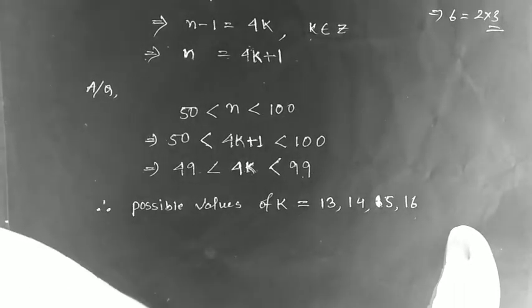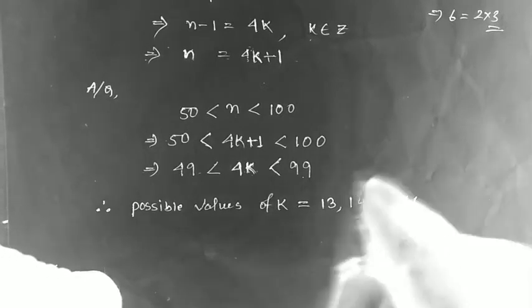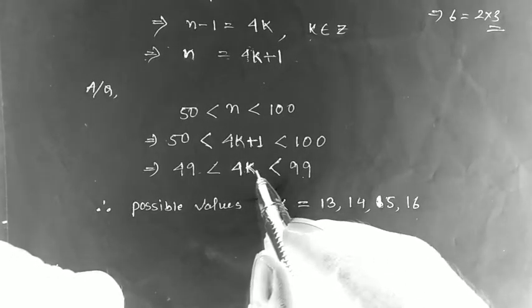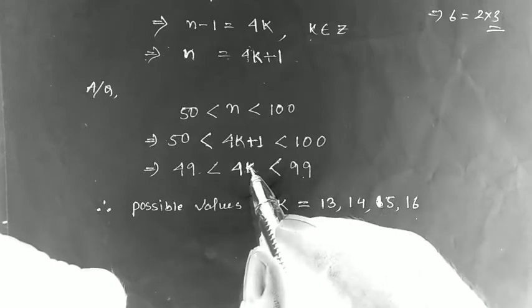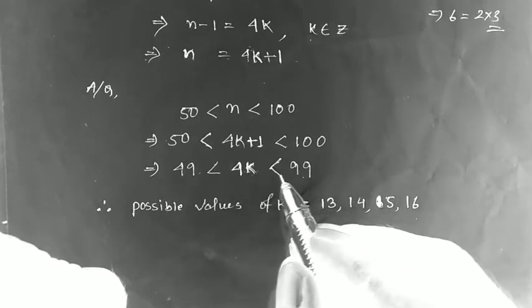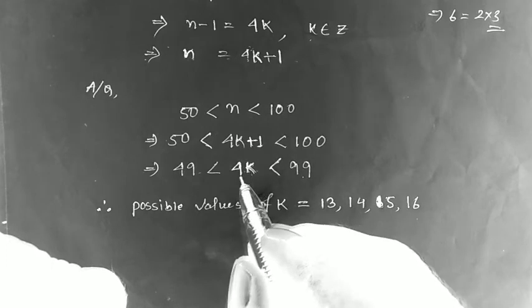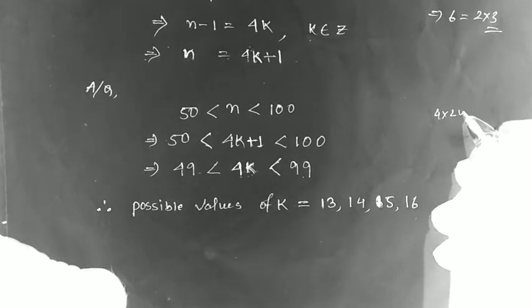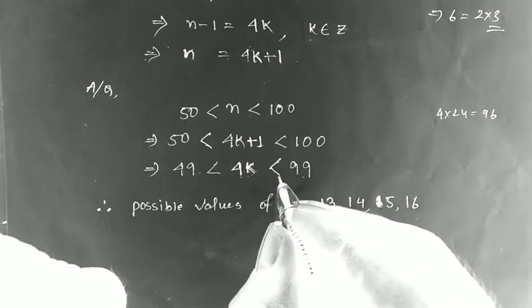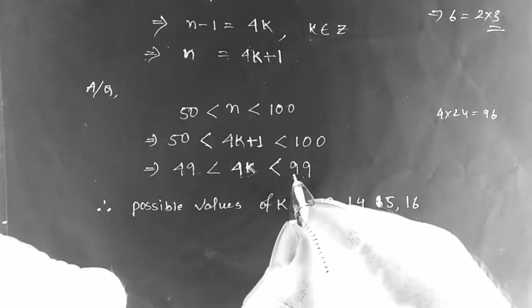So what will be the last value if we consider? 4 25s are 100, which is greater than 99. So the last value of k will be 24, because 4 24s are 96, which is less than 99.